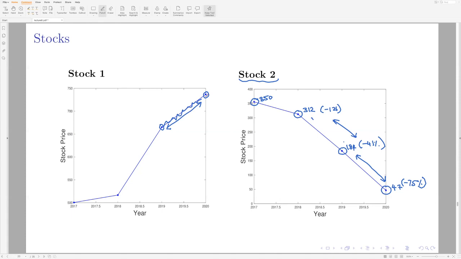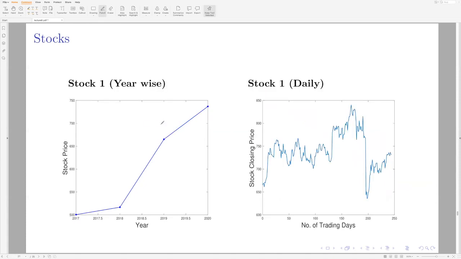As you can see in the next plot, I have taken this stock and plotted the daily price of the stock in this graph. You can see that on the 1st of January, Jan 1, 2019, it started around 665.